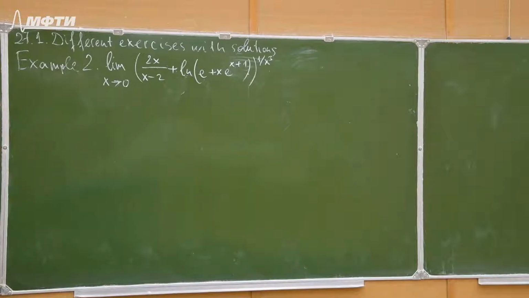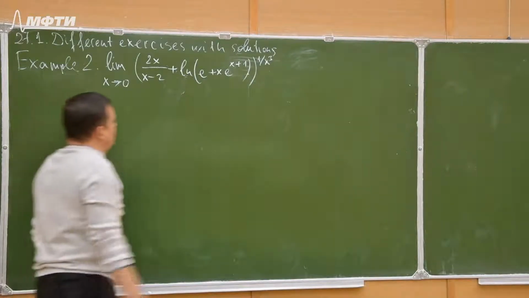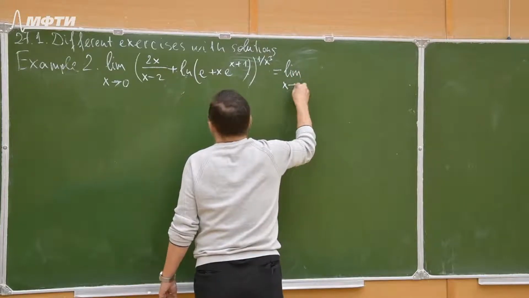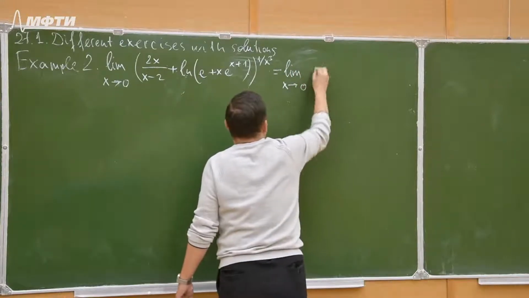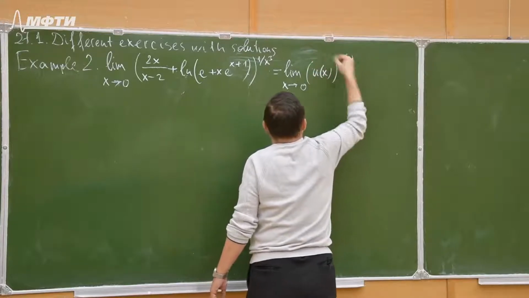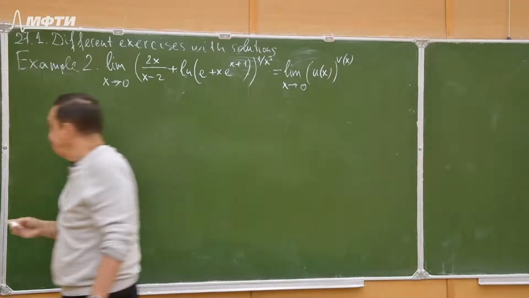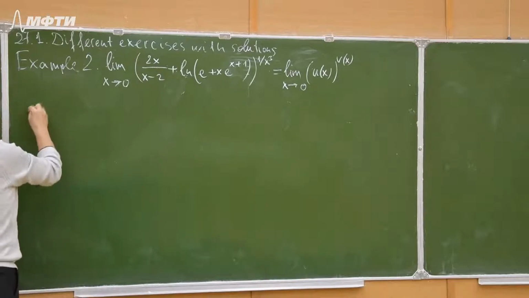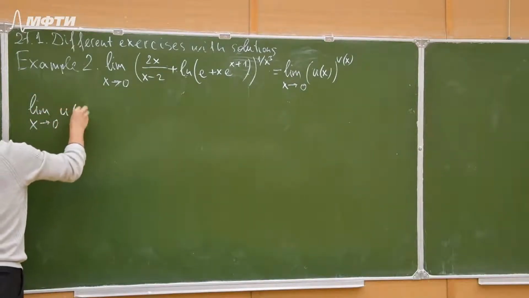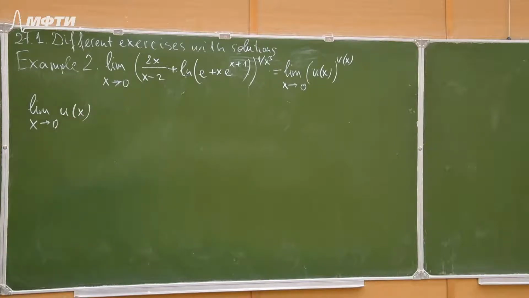First of all, we have a limit of the form u of x power v of x. Let us look at this limit.